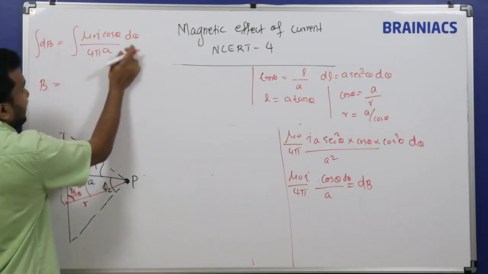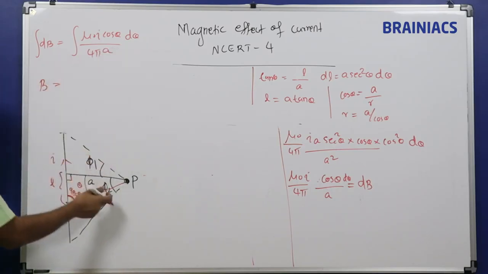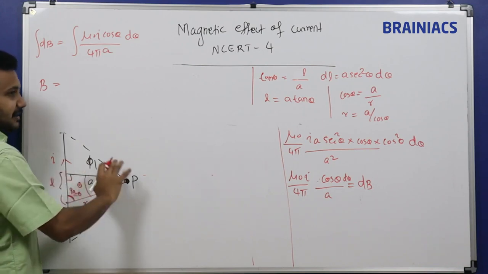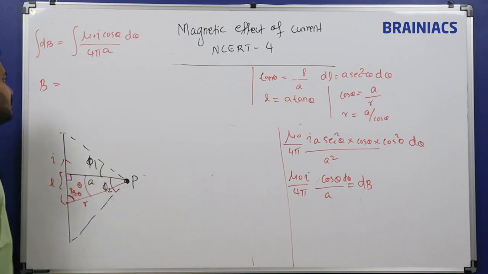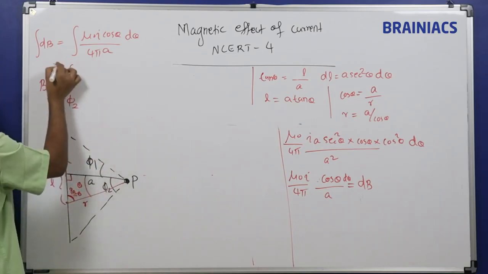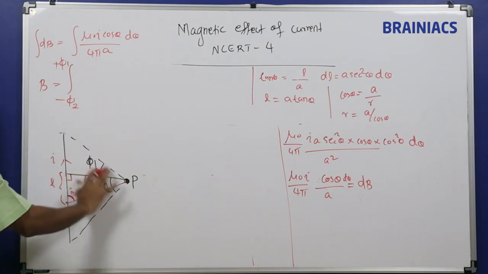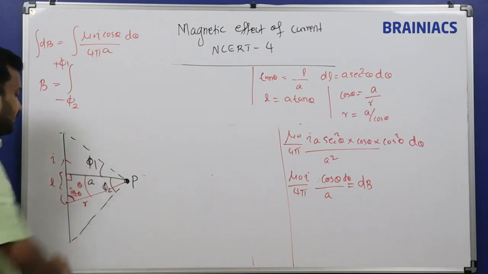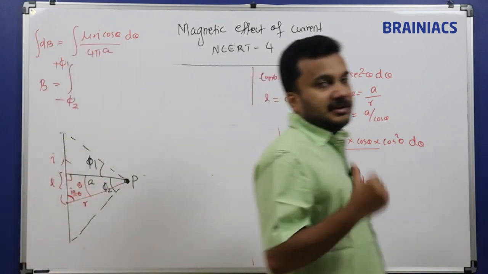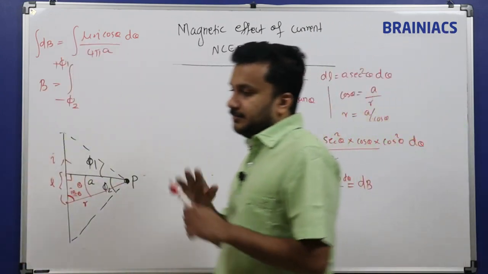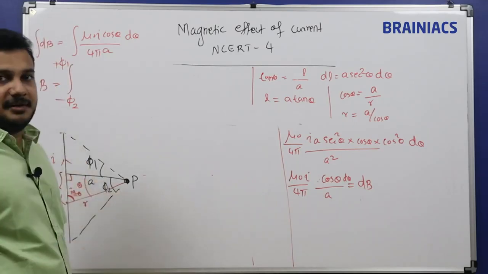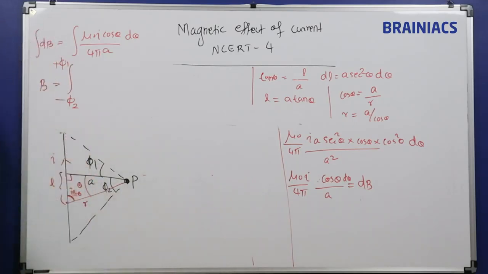What is the integration limit of theta? Theta is varied from phi1 to phi2. With respect to the central axis, this is a symmetrical structure, so the lower limit is minus phi2 and the upper one is plus phi1. If you have a symmetrical structure, as in electrostatics also, we have taken the same sign conventions: the one that comes below is called negative, the one that comes above is called positive.